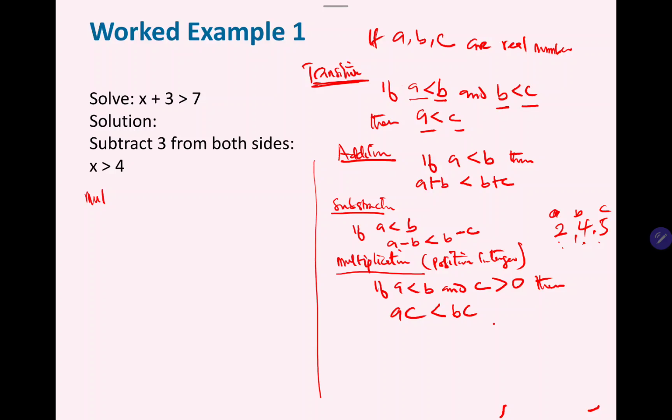That is what inequalities is saying. That's the multiplication property of inequality.